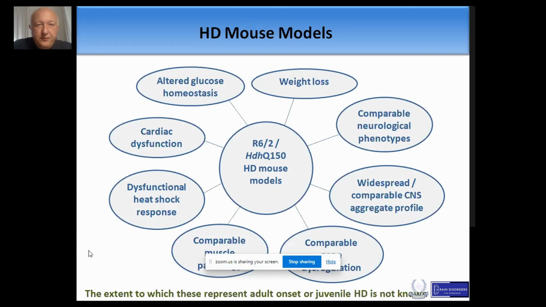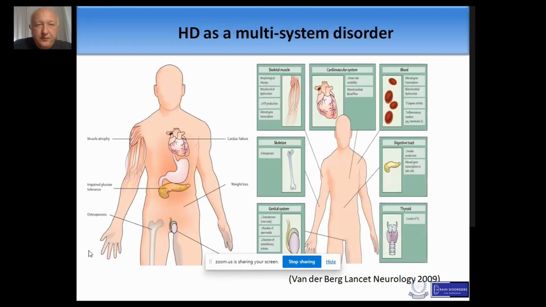So the weight loss, neurological symptoms, aggregate profile, muscle pathology, cardiac dysfunction, and glucose homeostasis. As I mentioned before, Huntingtin is ubiquitously expressed, and we found, at least in mouse models, that the toxic aggregates accumulate throughout the tissues, and we can also think that this might happen the same in humans.